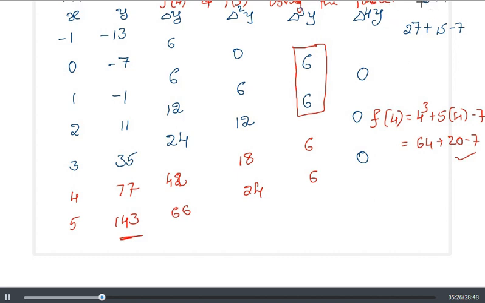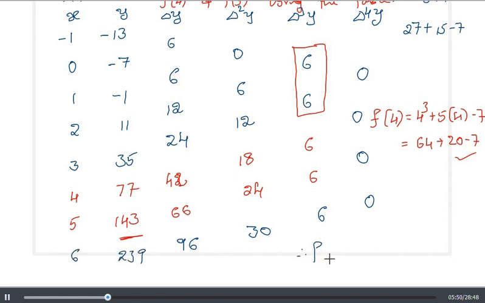Now we don't go for the fifth differences anyway, they are 0. So now we will just come back like this, 0 here and the 6 here and 6 plus 24, that is 30 here, and this is 96 here, and so now 96 plus 143, yeah, so that gives you 239.